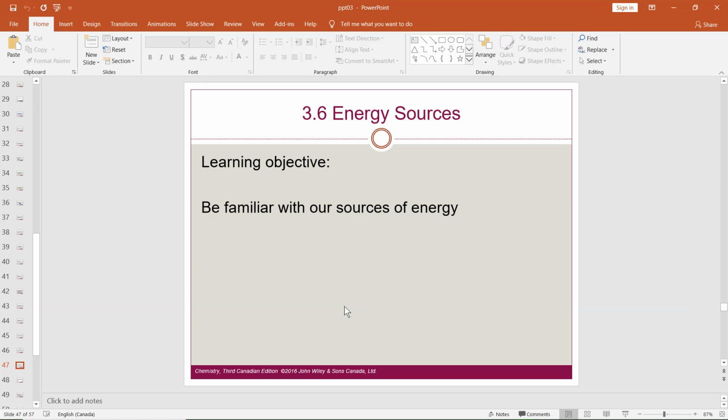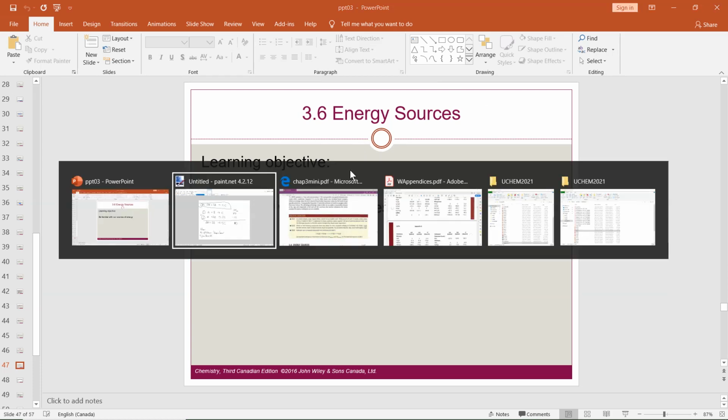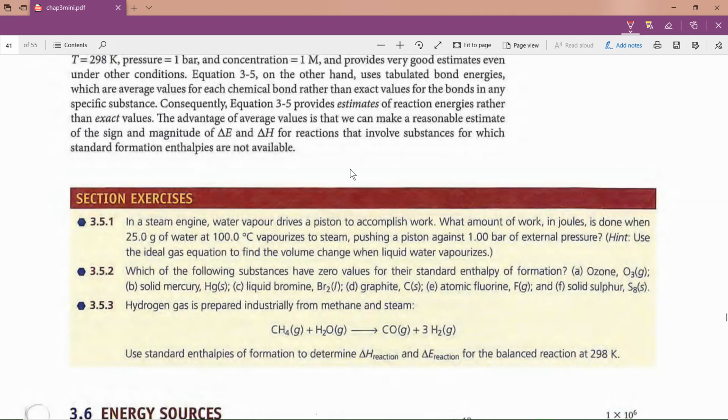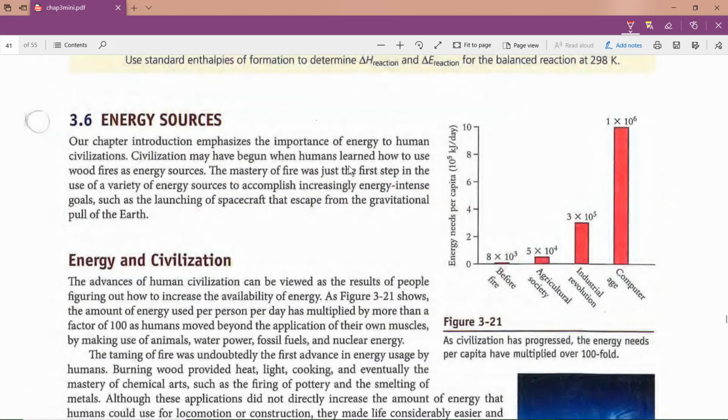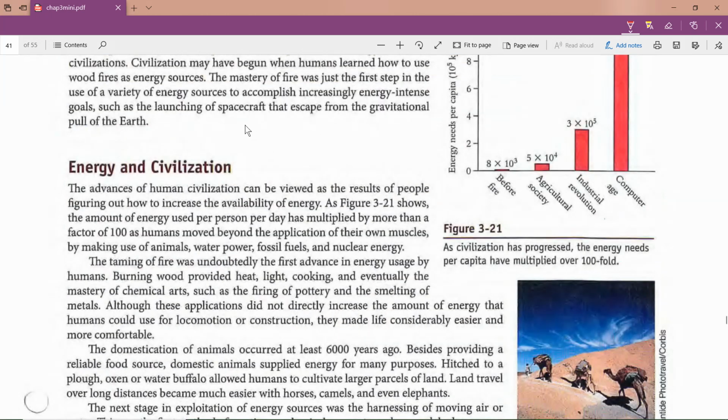Section 3.6, energy sources, that we can omit. We won't deal with that in this chapter, so don't worry about energy sources. Though we should all be worried about energy sources, right? Okay, let's go back to the mini text here, chapter 3. So again, we're going to omit energy sources.